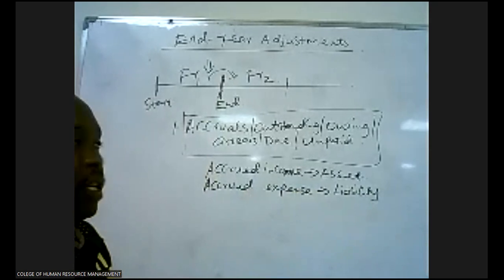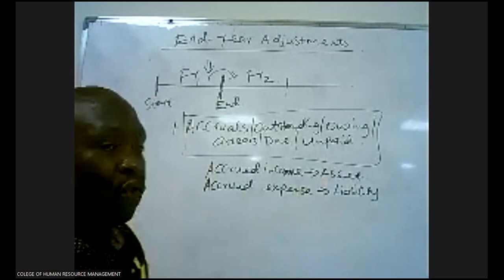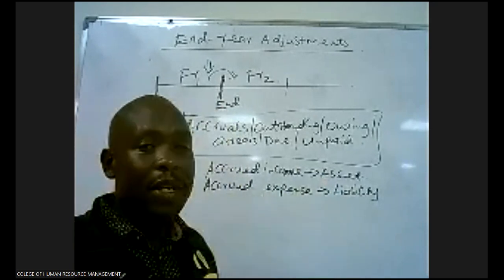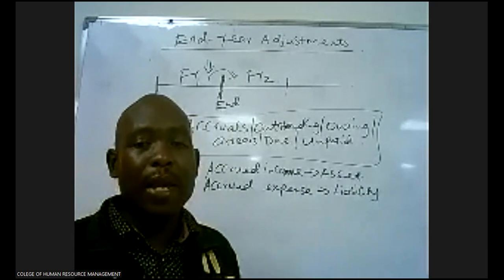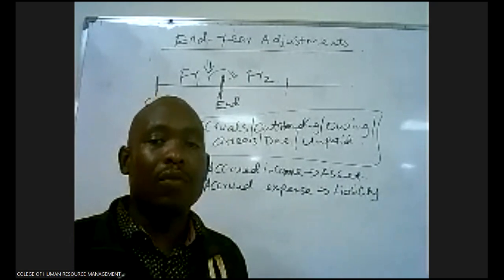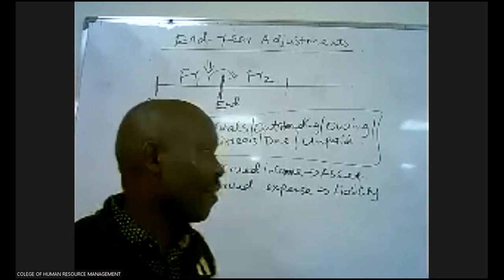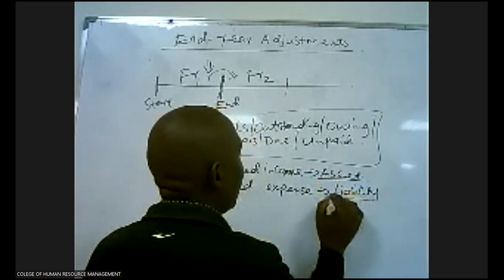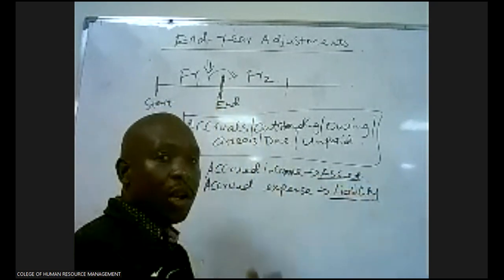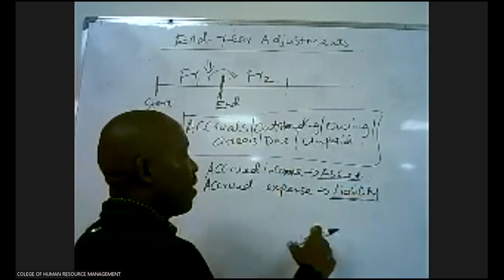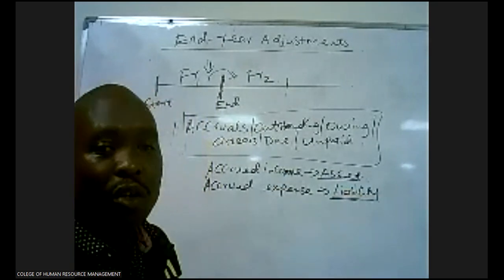Income earned but not yet received is an asset to you because it is your money. Accrued expense is an expense that we have not paid at the end of the year. So we owe somebody a certain amount of money as an accrued expense. That one becomes a what? A liability. So an asset is when it is an accrued income, not yet received. Accrued expense is a liability. That is what you need to know.